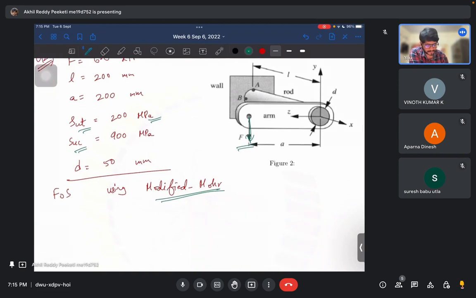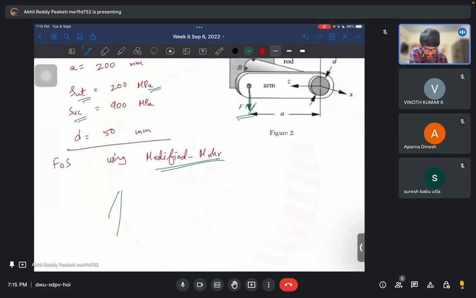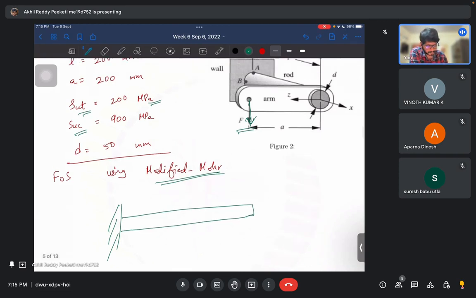This force F actually gets carried directly to the bar. If you take the arm, F is acting on this end, and here it is fixed. If you draw the free body diagram of this arm alone, this F is balanced by an F provided by the bar, so there will be one more F to balance the forces.